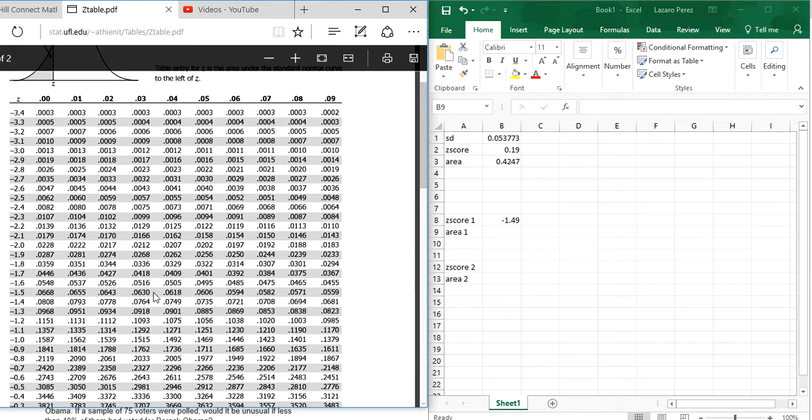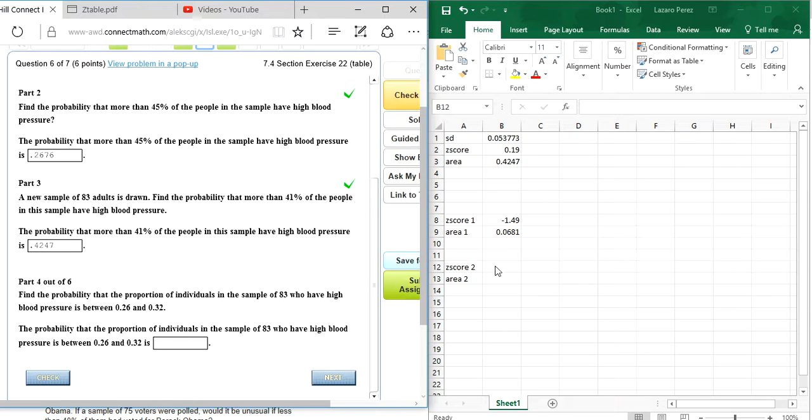Negative 1.49 will be right here: 0.0681. Now for the second value, 0.26 minus 0.4 divided by our standard deviation.